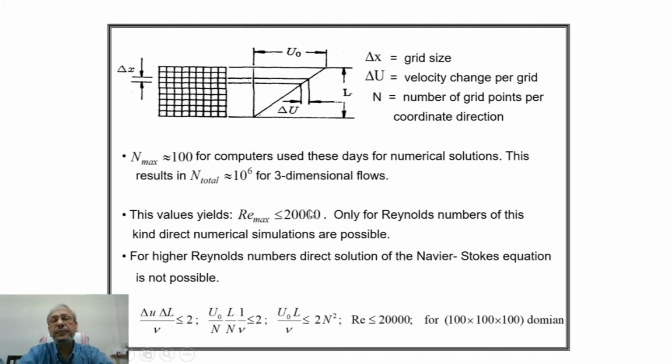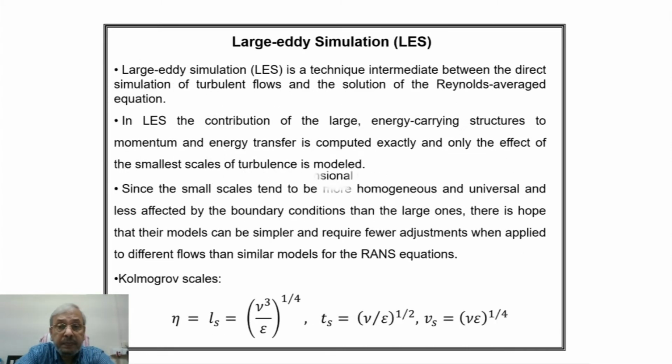So a flow field where the Reynolds number is 20,000 can be resolved by using 100 by 100 by 100 grids. So we can see that grid size and Reynolds number are related.